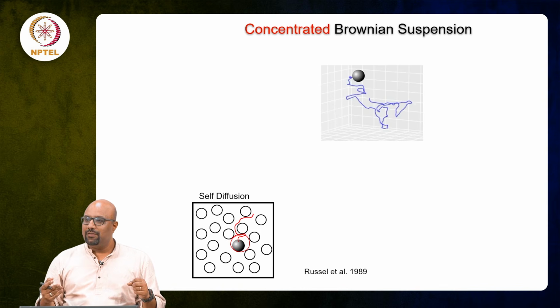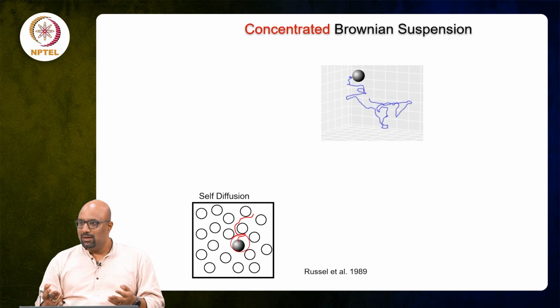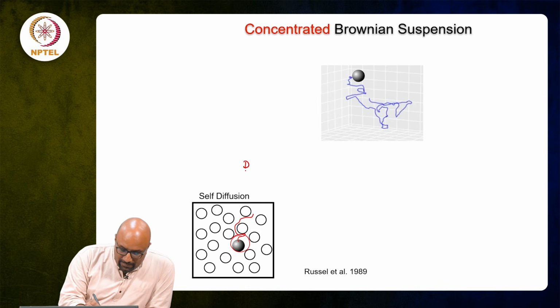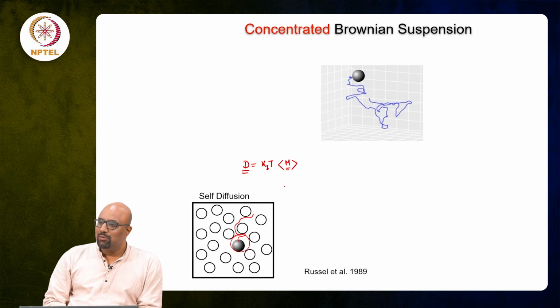and because you are trapped, you have less mobility to move. And now we know this word mobility in our context is a technical word. It is not just an English language word. So, the diffusivity is kT times the average mobility.